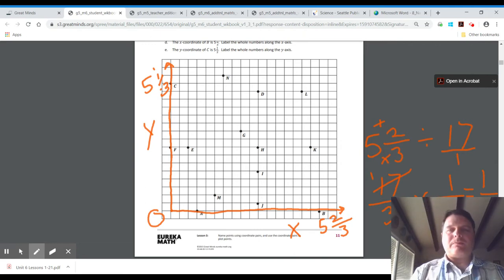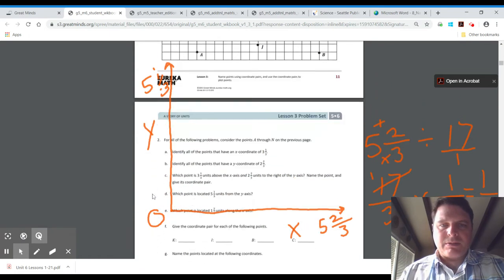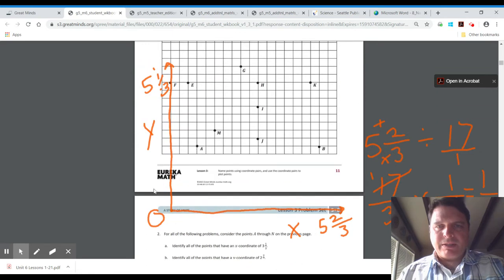Okay, I'm going to move down a little bit and see what else they want me to do and then come back. It says identify all the points that have an x coordinate of 3 1/3. Identify all the points that have a y coordinate of 2 2/3.